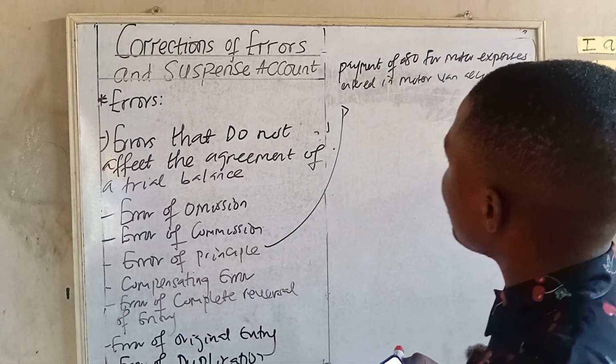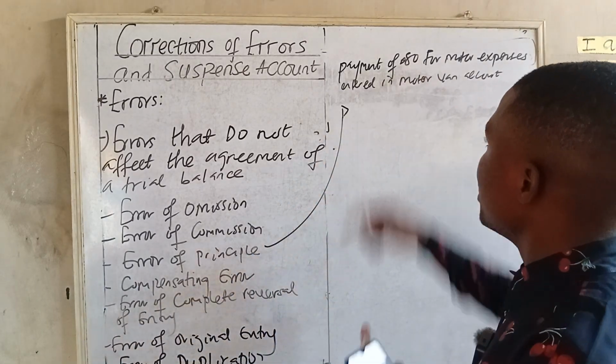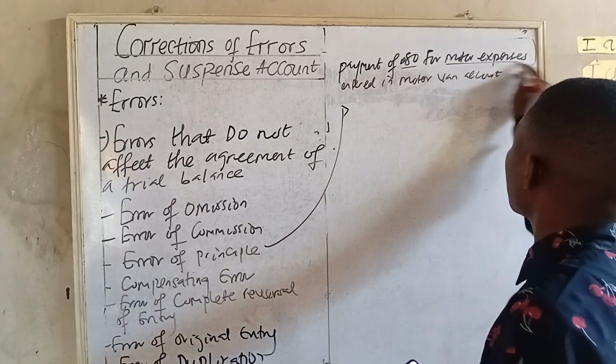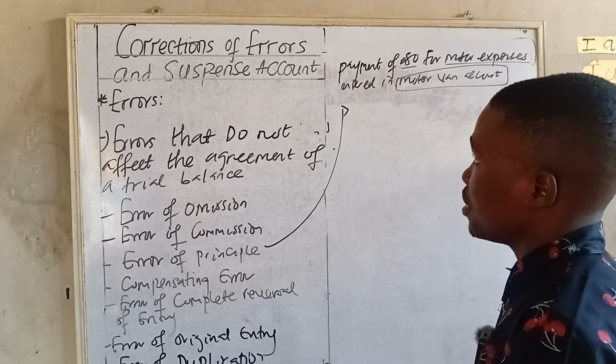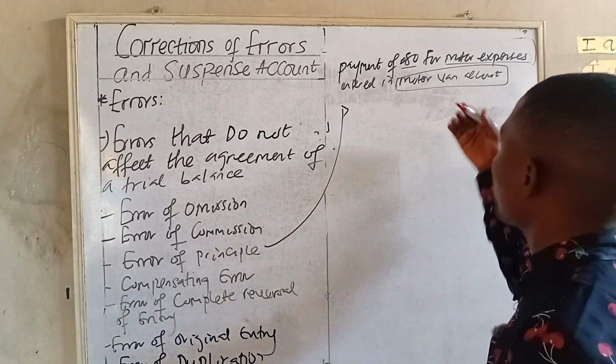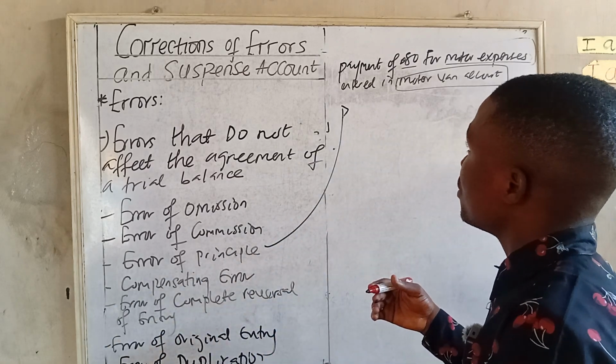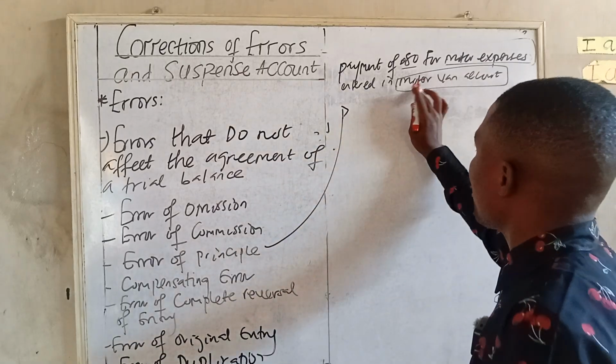If you see now, this 80 naira is meant for motor expenses, not motor van. We are paying for the motor expenses. So we are going to go and record it under motor van account.